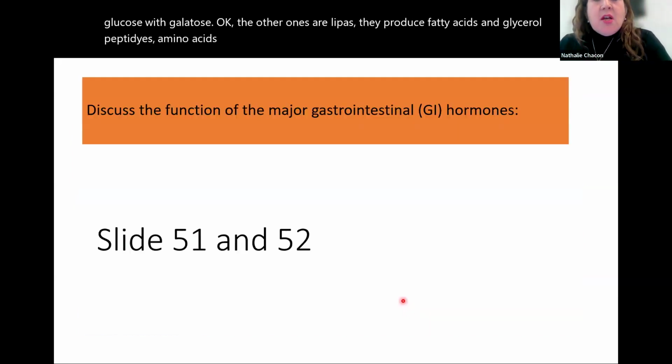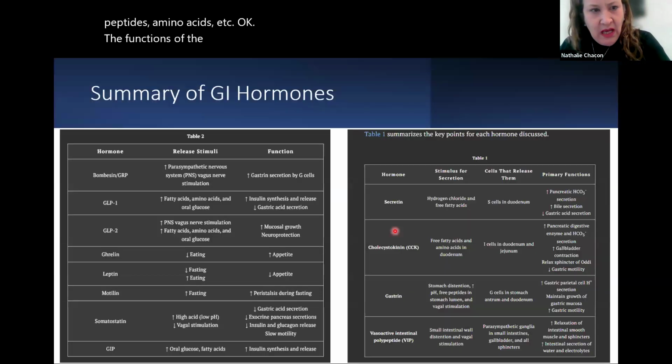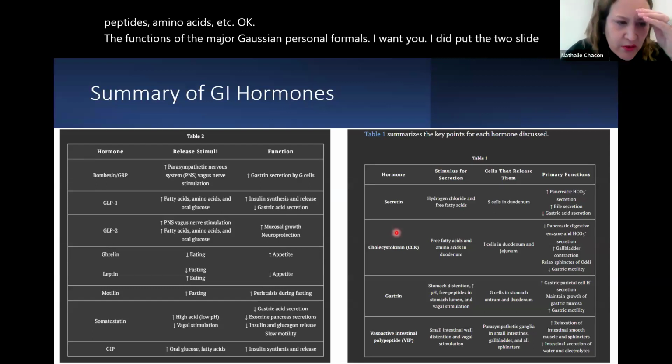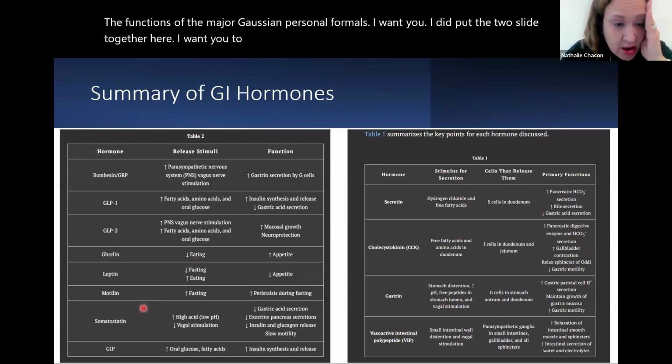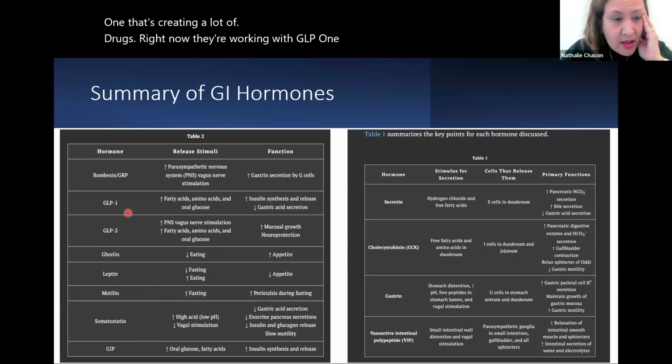Okay. On the functions of the major gastrointestinal hormones, I put the two slides together here. I want you to focus on one that's creating a lot of pharmacological drugs right now. They're working with GLP-1 and GIP.